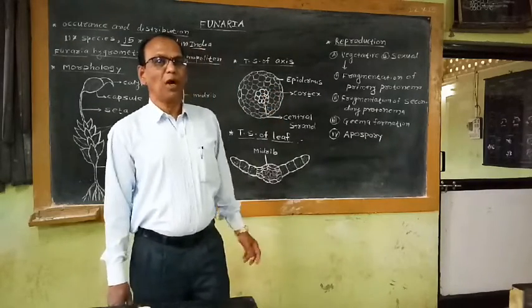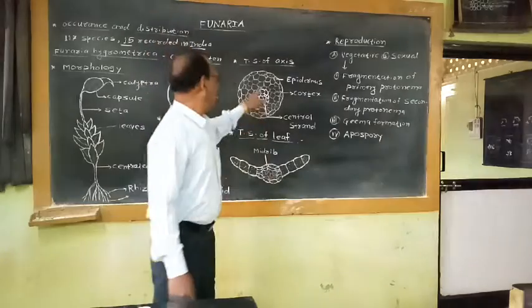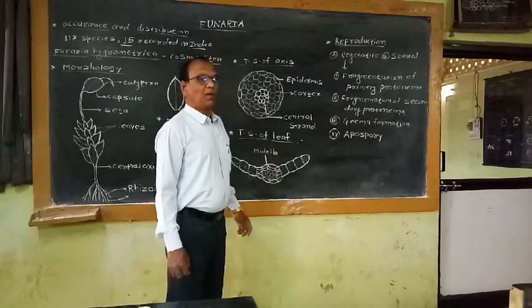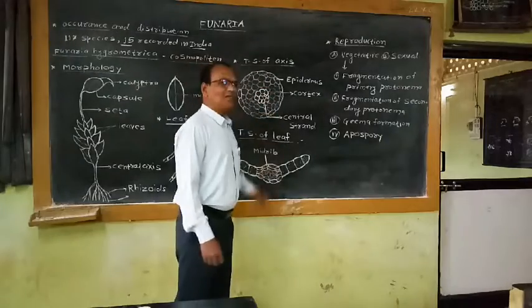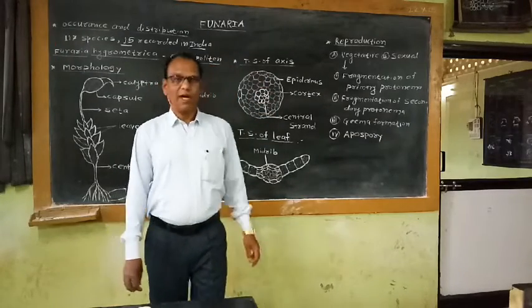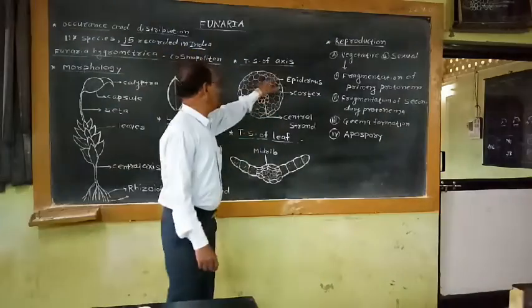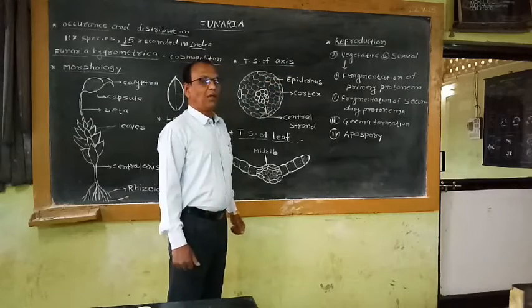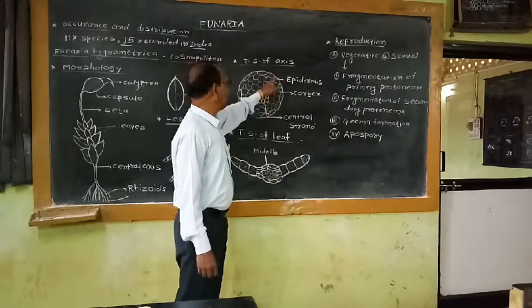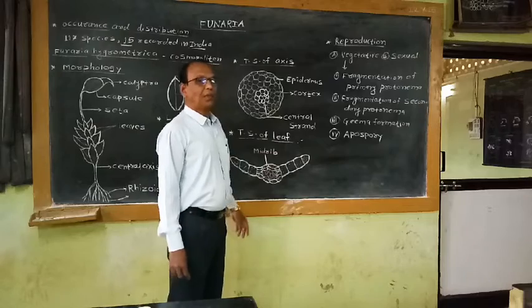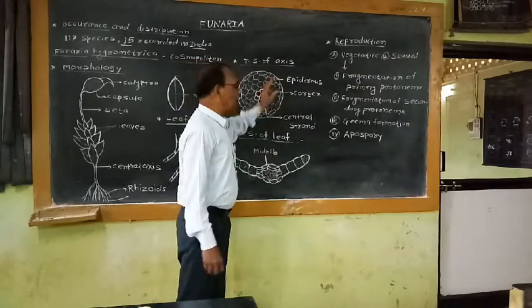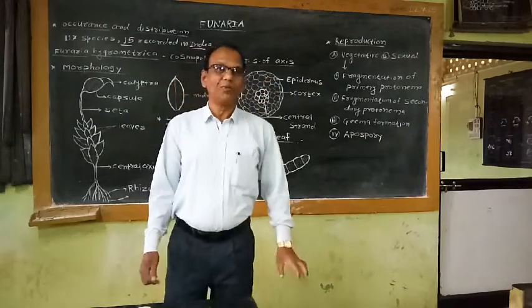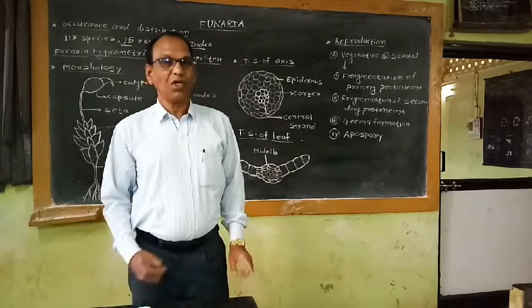It is made up of thin-walled, compact layer of tubular cells containing chloroplast. Epidermis is without stomata, as well as it is lacking the cuticle. Due to absence of cuticle and stomata, the epidermis layer can absorb the atmospheric moisture directly.